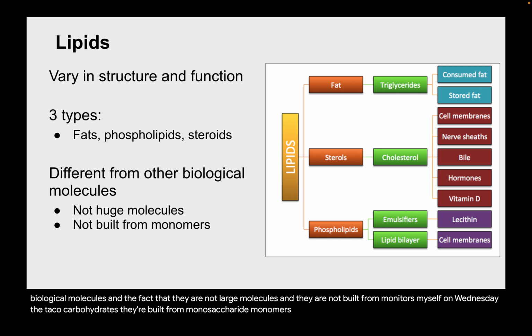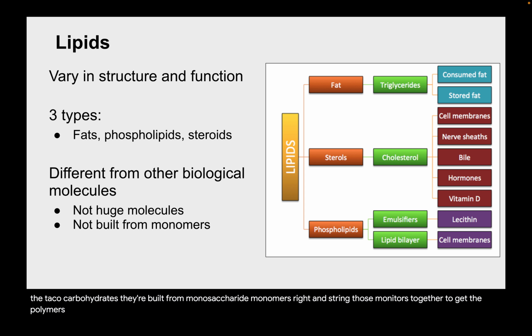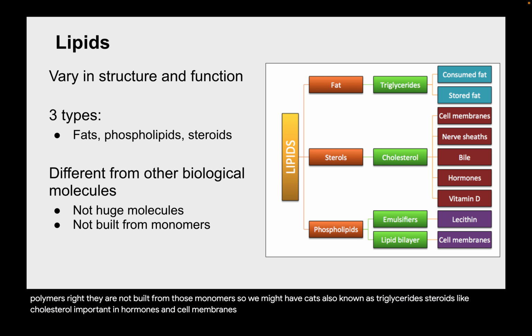We string those monomers together to get the polymers. Lipids are different in this function. They are not built from those monomers. So we might have fats, also known as triglycerides. Steroids, like cholesterol, important in hormones and cell membranes. Phospholipids, they play a major role in the plasma membrane of a cell.